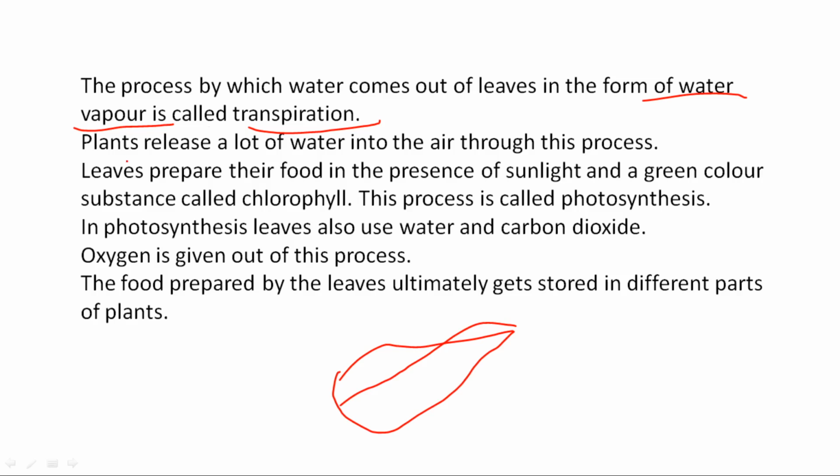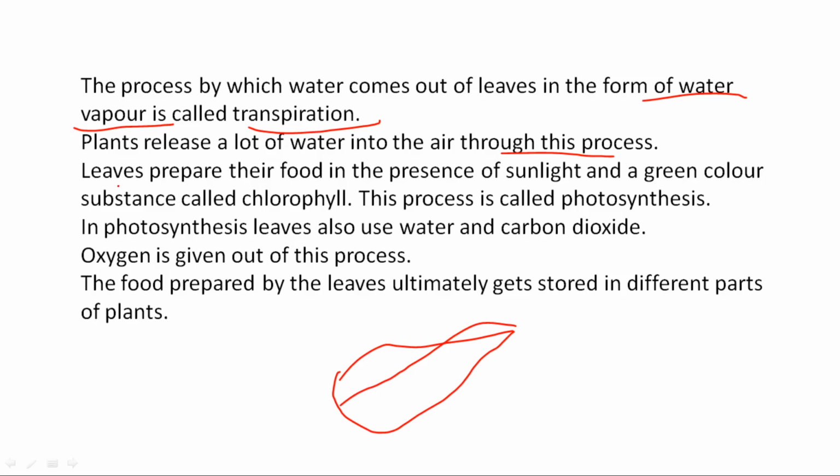Okay, next, plants release a lot of water into the air through this process. Like in our body, water comes out as sweating; similarly, plants release water in the form of transpiration. Water comes out as water vapor, and this process is known as transpiration.